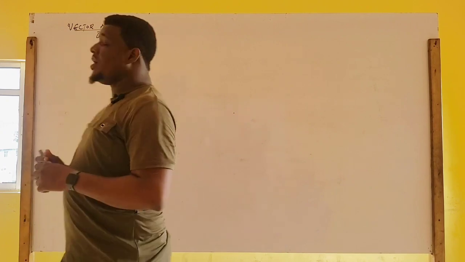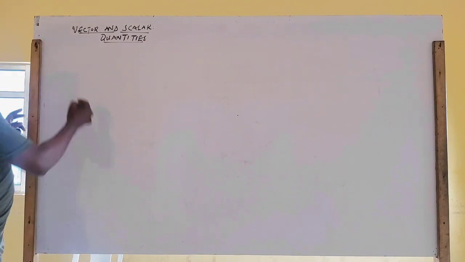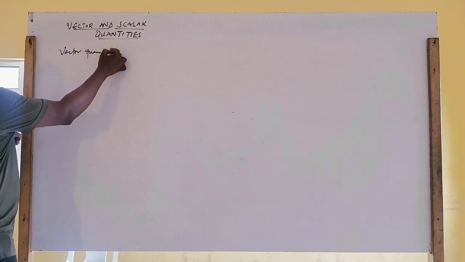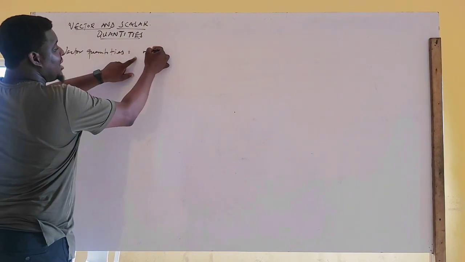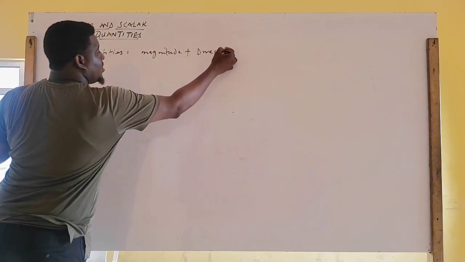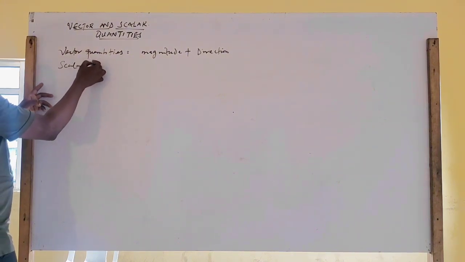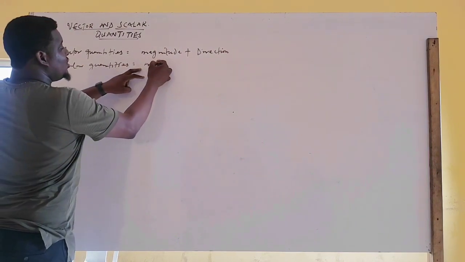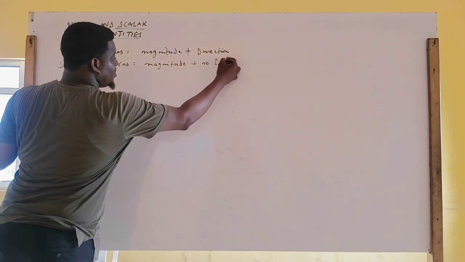Now, when you talk about vector quantity, as you all know, vector quantities are quantities with magnitude plus direction. While scalar quantities are quantities with magnitude plus no direction.